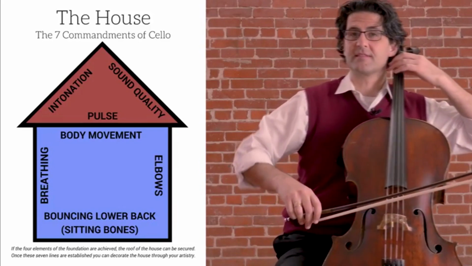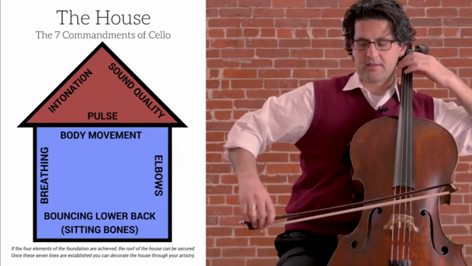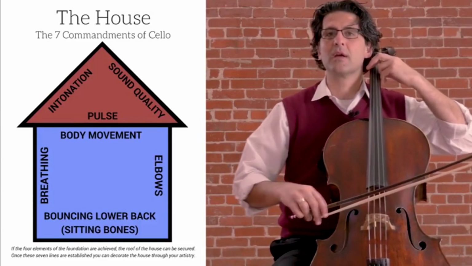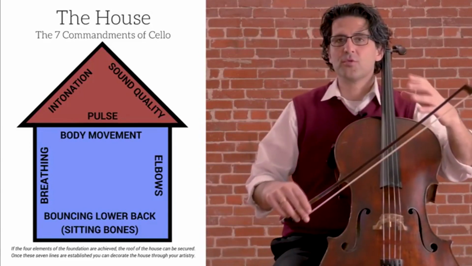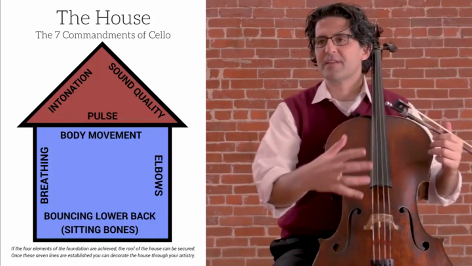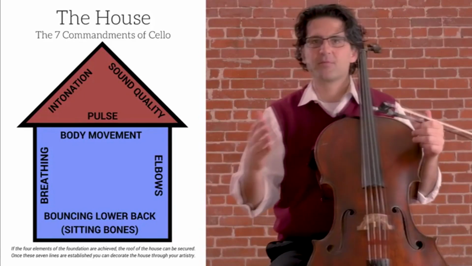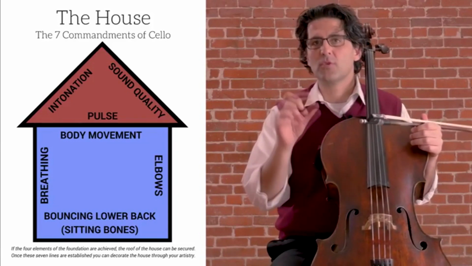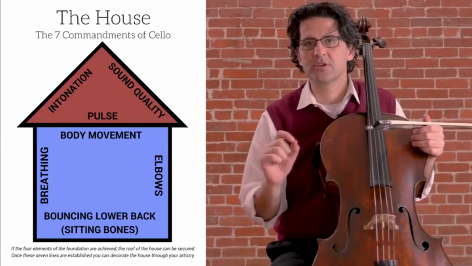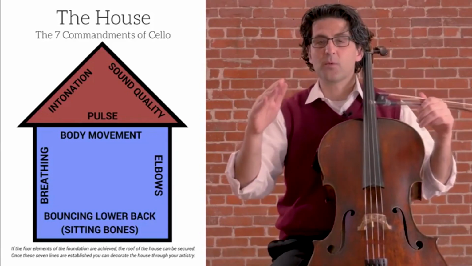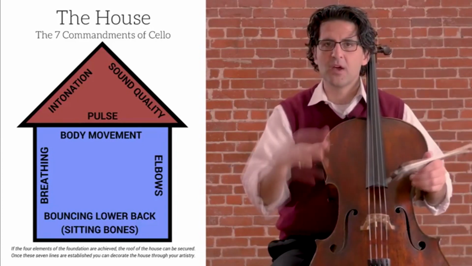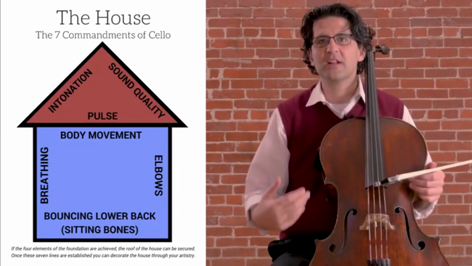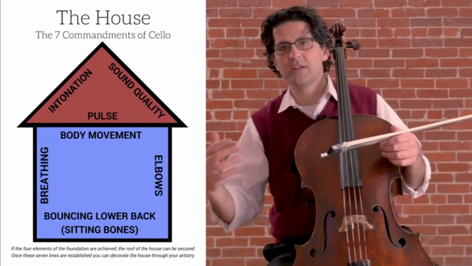We resist instead of follow. So if we follow through towards the end of the bow, we create a very natural movement. And that's what we call body movement. We'll get into it more when we get into the emojis, the actual emojis. But as a fundamental, we have the number 3 fundamental in our house, building the house. We have breathing, we have bouncing lower back, and we have body movement.